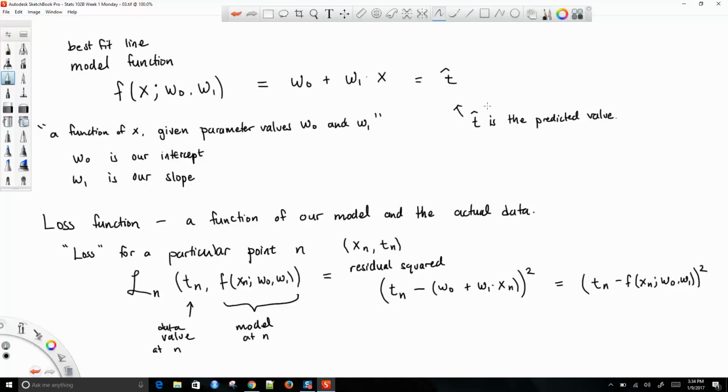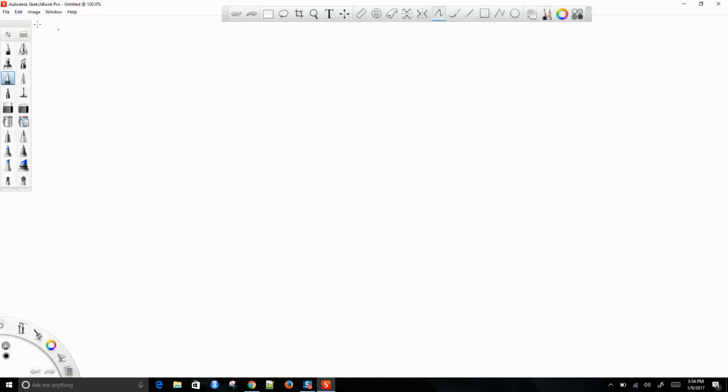So the overall average loss is going to be L, and we often say it's 1 over n, the sum of all of our L sub n's, with n from 1 to big N for all of our data points. So this is just our average loss.